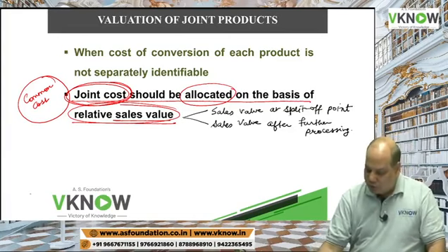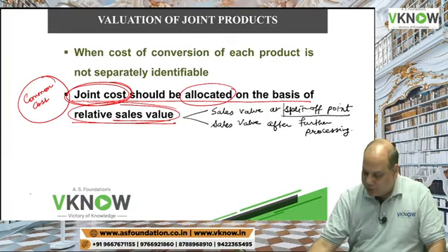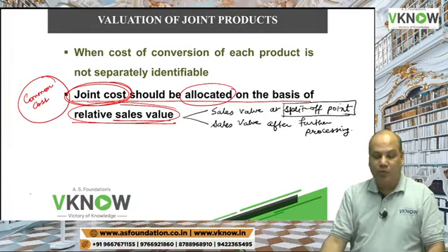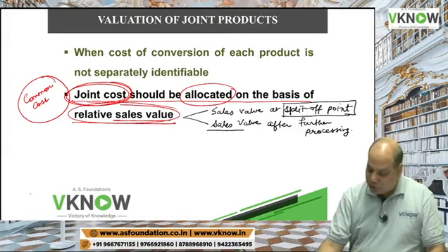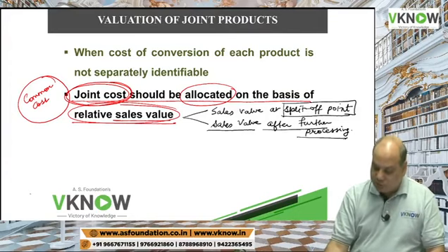Sales value at split off point means where they separate, where the joint products separate. Sometimes there will be further processing of joint product. So sales value can also be taken after further processing cost.